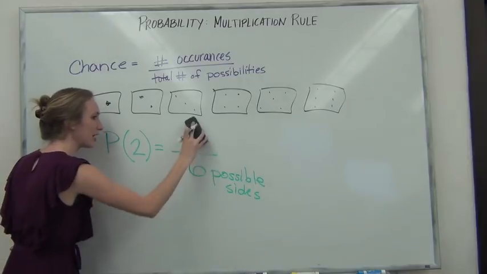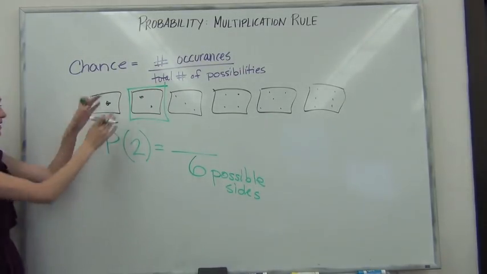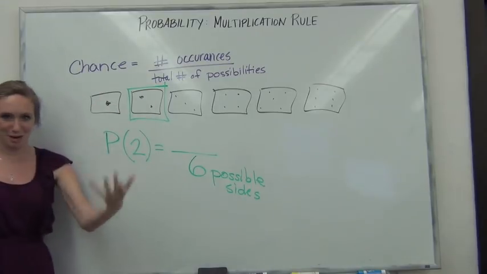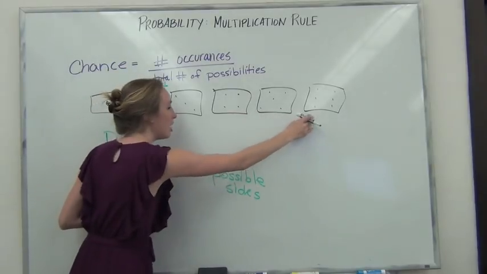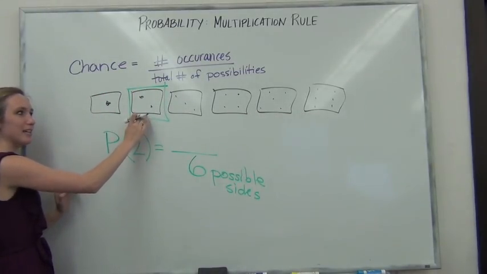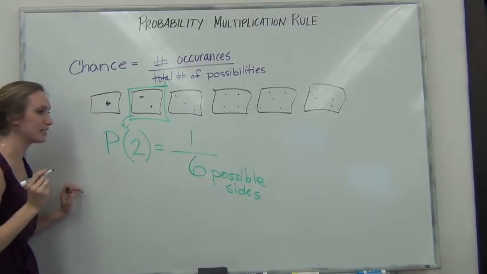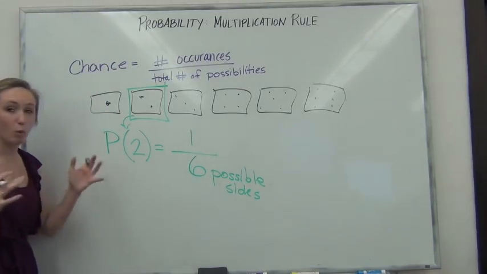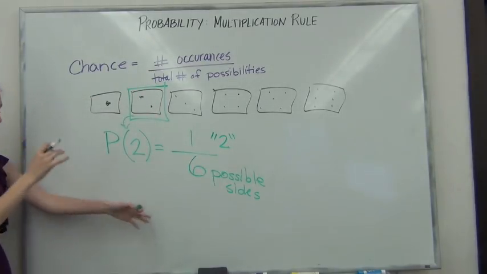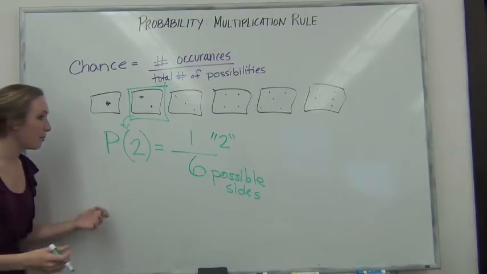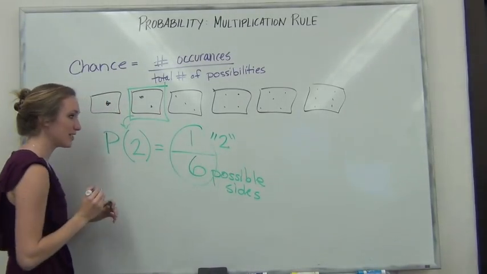No. We're just talking about 2, meaning this side of the die, what that looks like. It has nothing to do with the number that's on the die, right? So we would say that there are 6 total possibilities, but only one of these 6 says what we're looking for. So we have 1 out of the 6 options that fits what we're looking for. So the probability of rolling a fair die and rolling a 2 is going to be 1 out of 6.